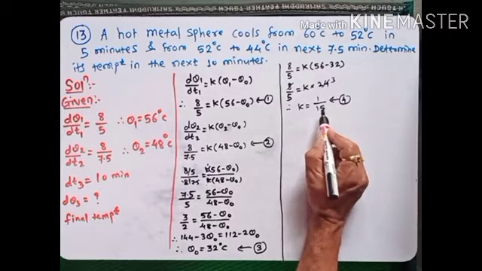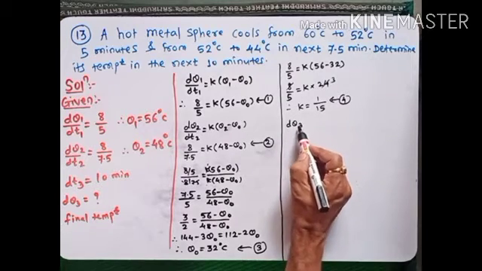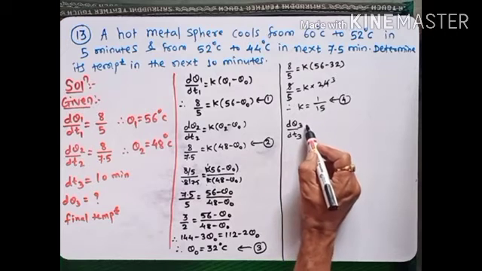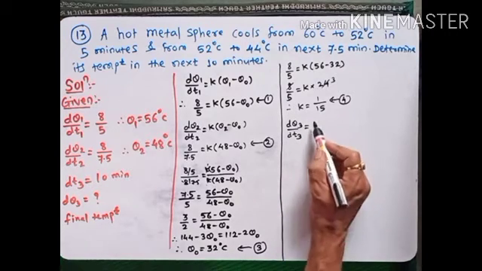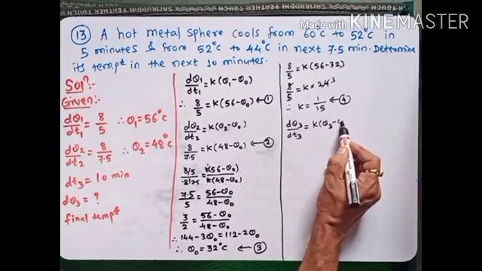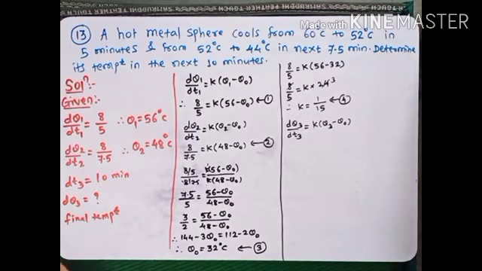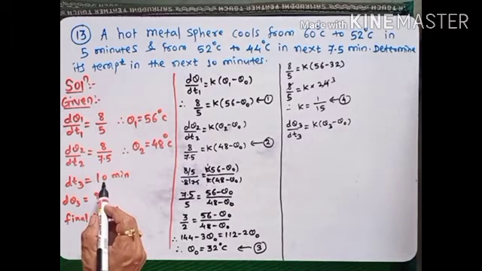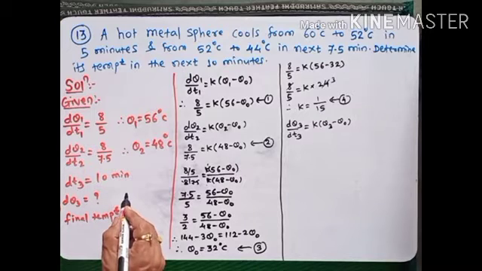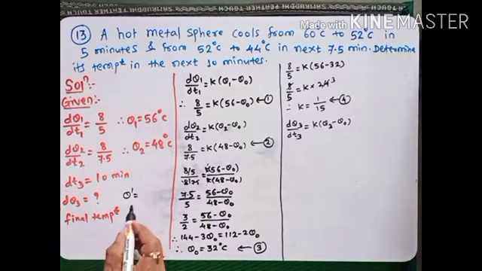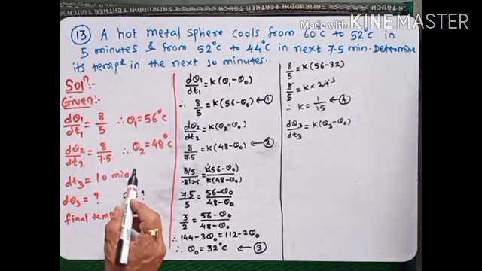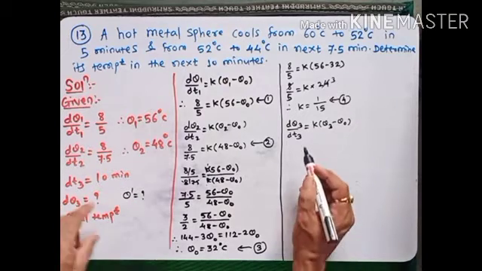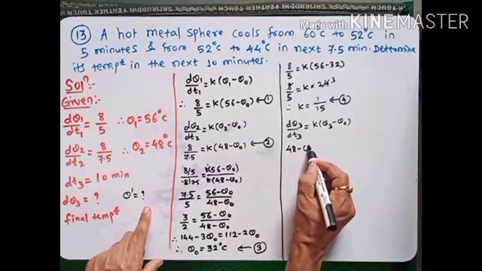Now we put this value of K. We write d theta 3 upon dt3 is equal to K into theta 3 minus theta 0. Now for d theta 3, suppose I consider the temperature after 10 minutes, and write theta dash as the temperature. This is also not known. Now theta 2 is known, therefore I will write 48 minus theta dash.